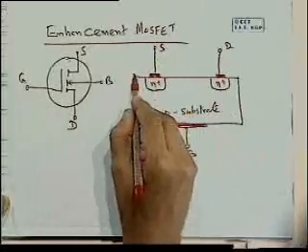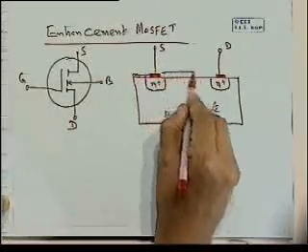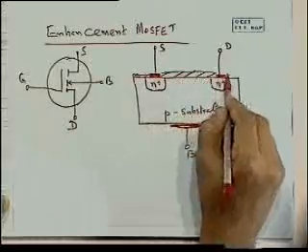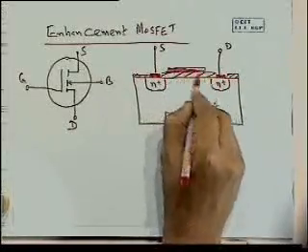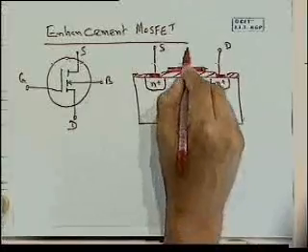And then there's the oxide layer as before, with the gate, except that there's no channel here.